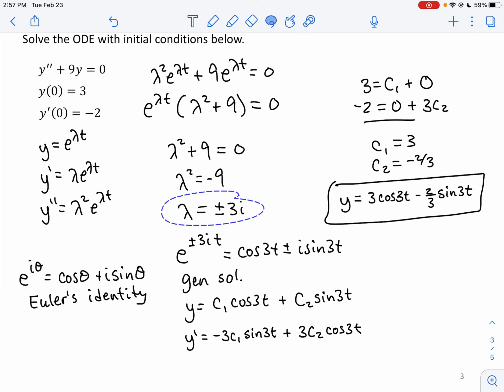So here we have what's called purely imaginary roots. It's plus or minus 3i. There's no real part, because the normal form of a complex number is a plus bi, where a and b are real numbers. So when the a is 0, you just have bi. So plus or minus 3i is said to be purely imaginary roots.